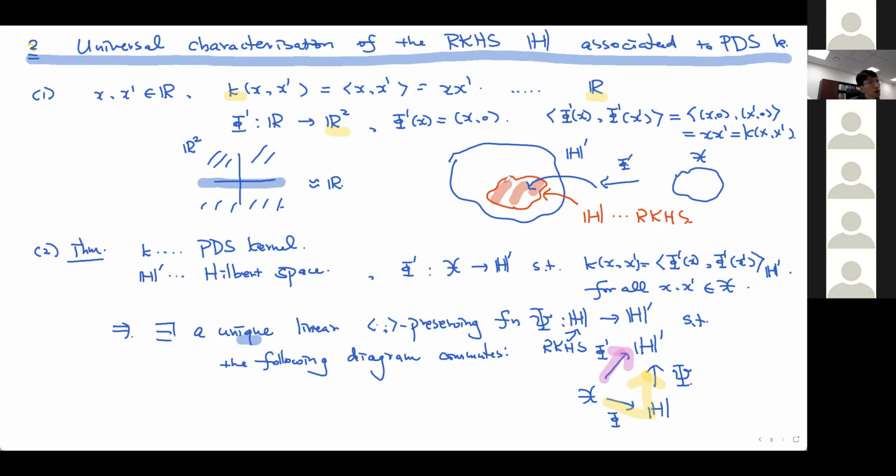If you work out the consequence of this theorem, what it really tells us is the canonicity of the RKHS in the sense that I described in number 1, I think. Whenever there's an encoding of a kernel in a Hilbert space, the Hilbert space essentially should contain an isomorphic copy of the RKHS, and that should be the place where all the encoding and the inner products are happening. Okay.